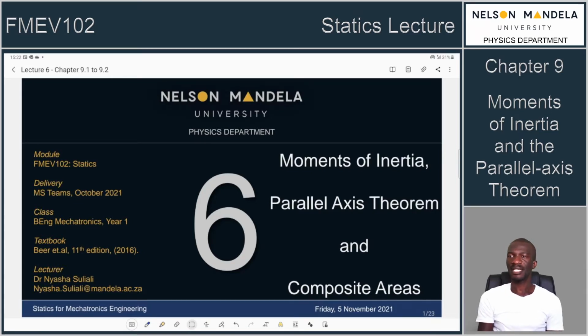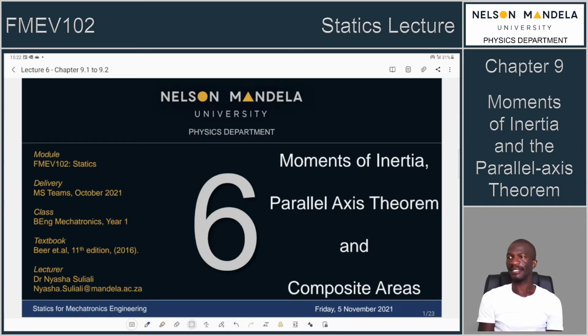In the previous studies, we looked at moments of a force about a point, moments of a force about an axis. We looked at first moments, which we calculated by eliminating the ratio of the weight per unit volume, that's the gamma factor, and the thickness of our two-dimensional plates.